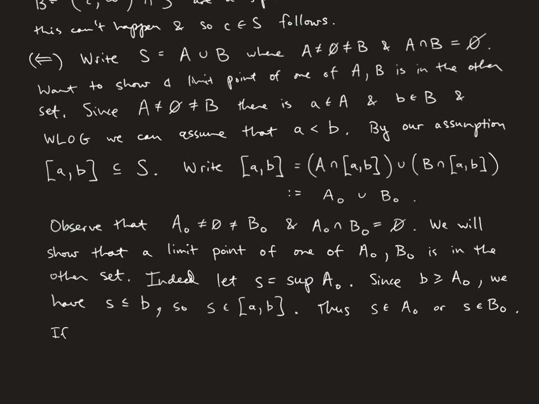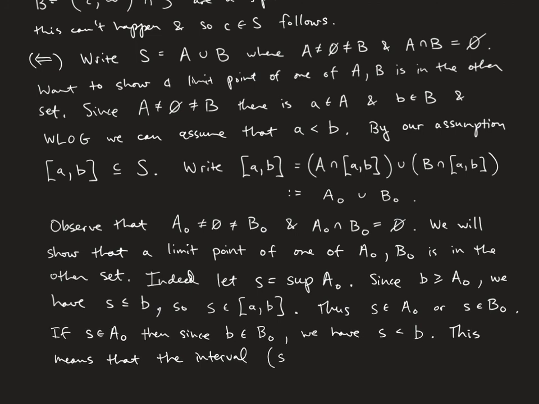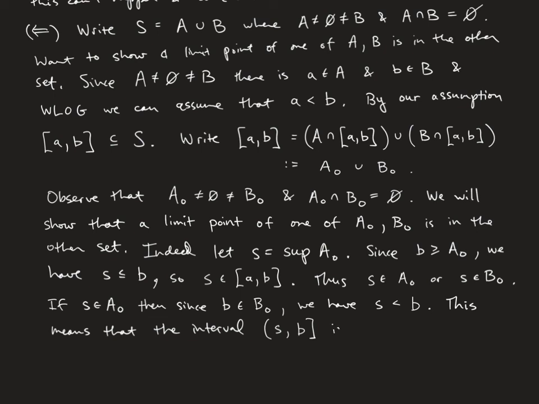So on the one hand, if S is in A naught, then since little b is in B naught, we have S less than B. Right, so S can't be B, so it must be less than B. Well, this means that the interval from S, not including S because S is in A naught, but from S up to B, is non-empty, and a subset of B naught.